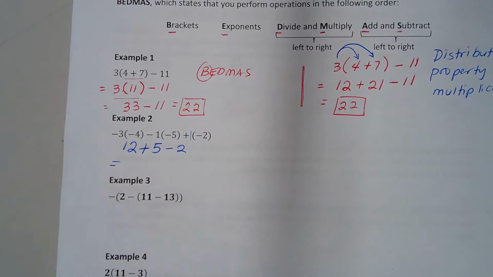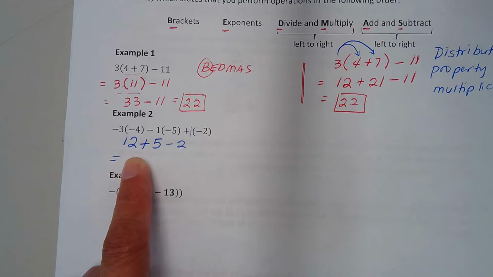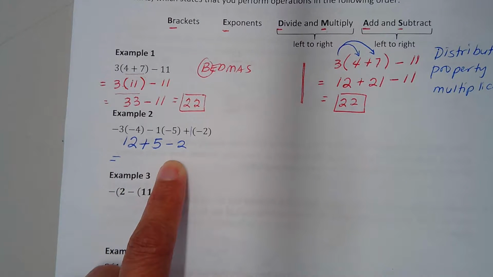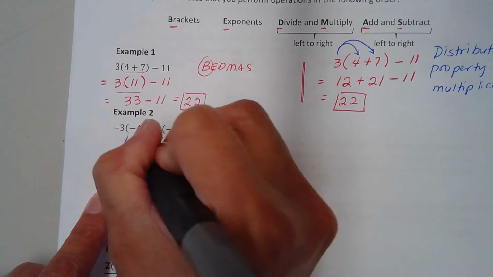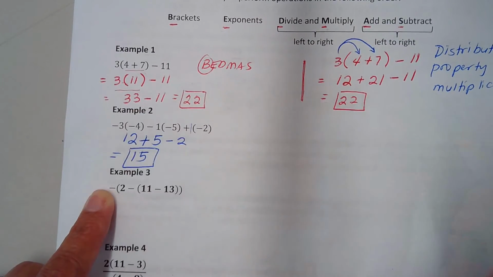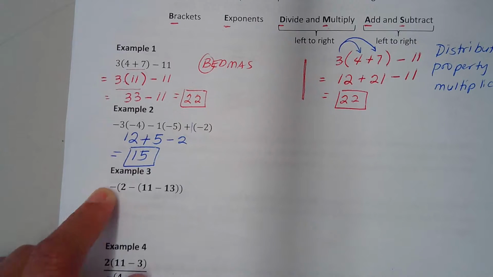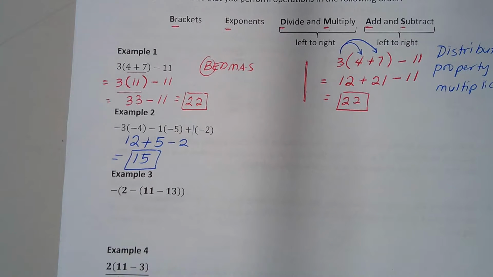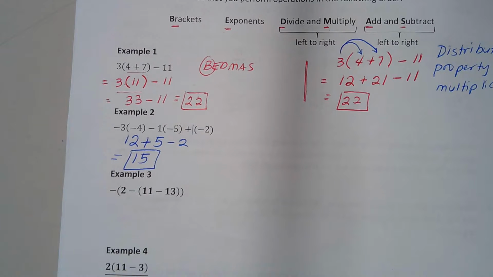Now you're down to just addition and subtraction. So you have 12 plus 5 minus 2. It's going to give us 15. 12 plus 5 is 17, minus 2 is 15. You can do 2 steps, or you can just go ahead and do the next.